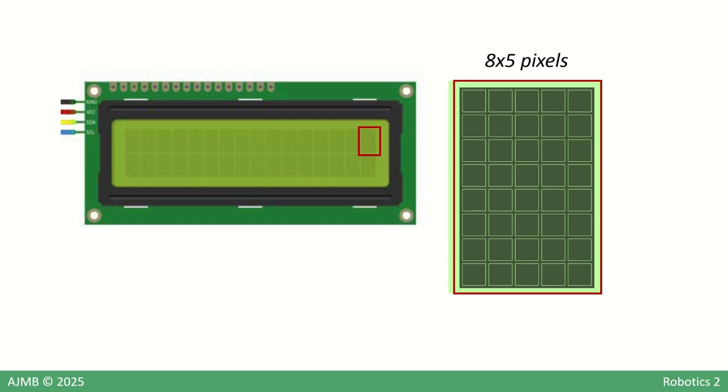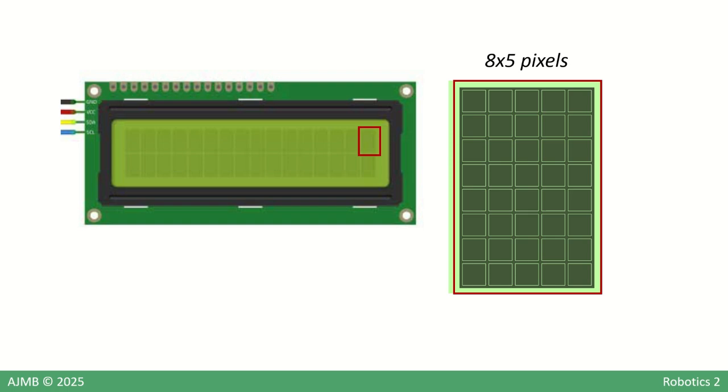First, I'd like to remind you that your 16 by 2 LCD screen is composed of sort of like boxes or cells. There are 16 of them in a row. That's why it's called 16 by 2. 16 columns of these cells in two rows.